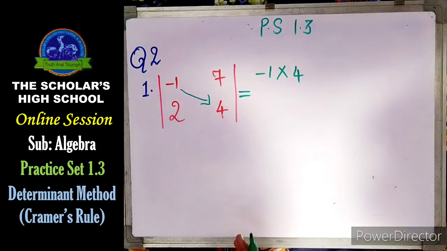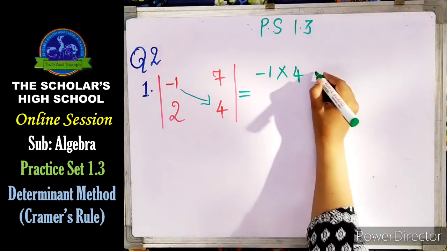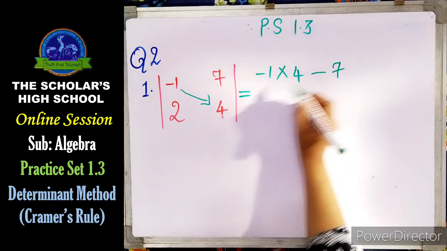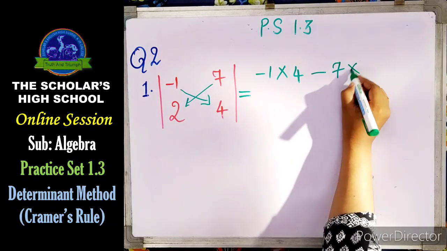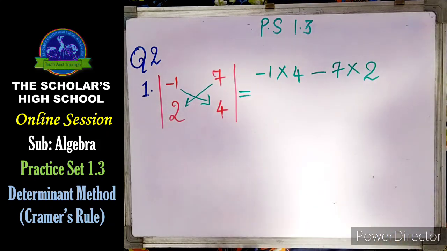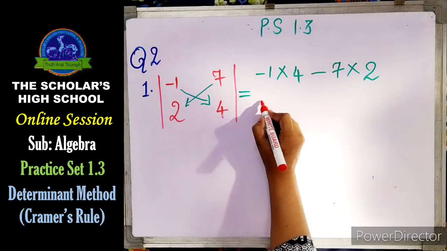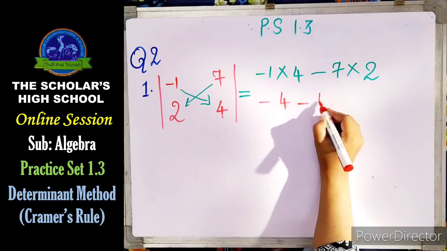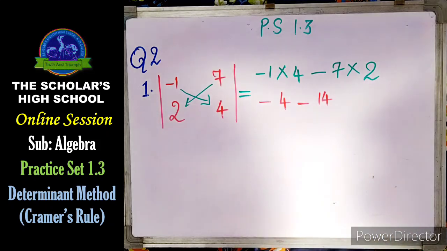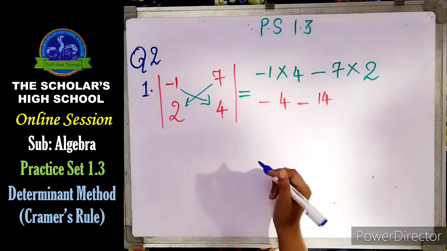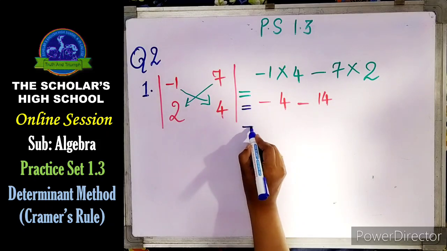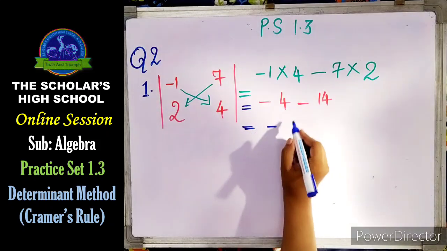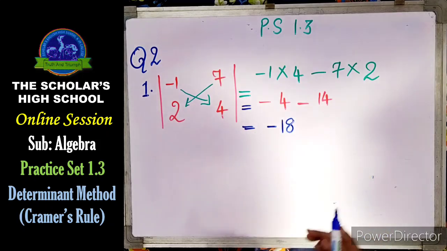If we have a negative sign, we will take it along with it. Minus 7, then multiplied by 2. So 1 4s are 4, minus as it is, 7 2s are 14. So minus minus plus, but the sign of the greater number is minus. So 14 plus 4 is 18. So the value of the first determinant given here is minus 18.